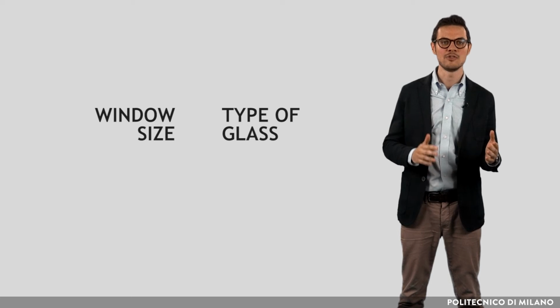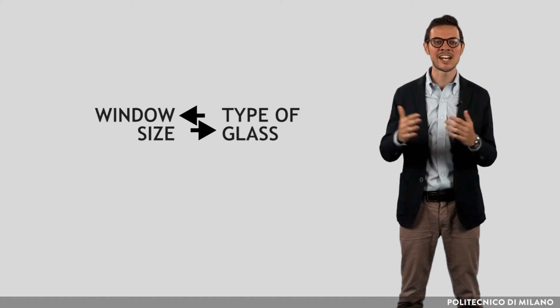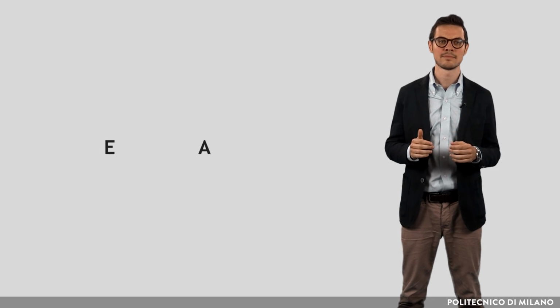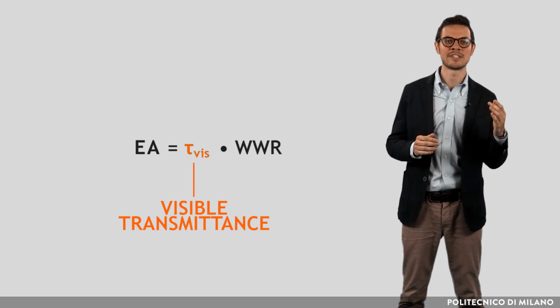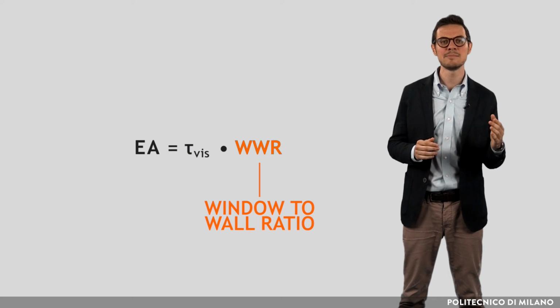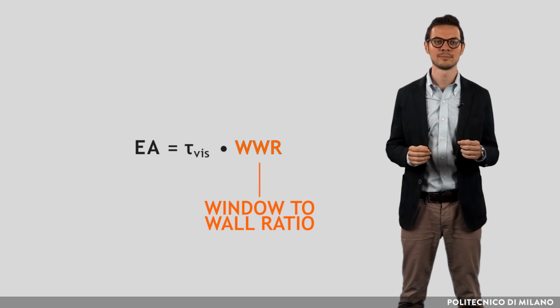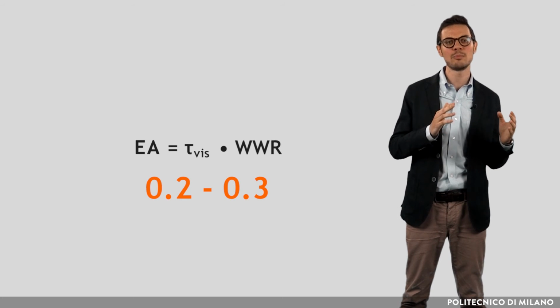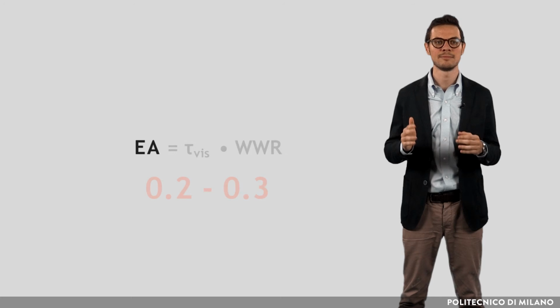Window size and choice of glass are interrelated factors. For this reason, designers have to keep in mind, when sizing a window, the concept of effective aperture, evaluated as the visible transmittance of the window times the window to wall ratio. A good effective aperture value ranges from 0.2 to 0.3.